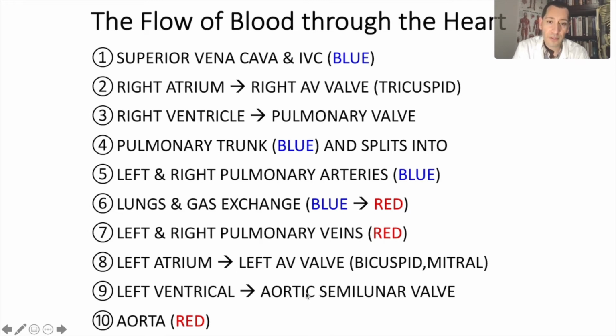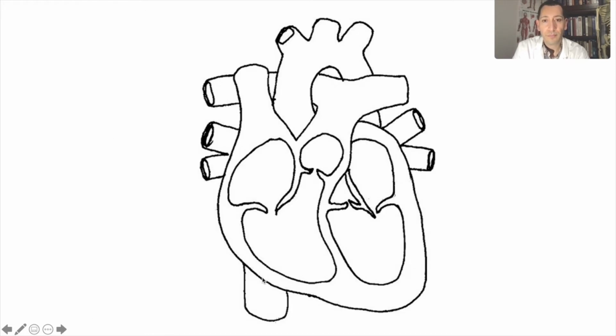It takes a turn up through the left semilunar valve, or the aortic valve, and up into the aorta. 1, 2, 3, 4, 5, 6, 7, 8, the lungs, 9, 10, 11, 12, 13, 14. 14 steps to finally leave the heart to go supply the body with oxygen and to pick up carbon dioxide from the body. So there you have it.